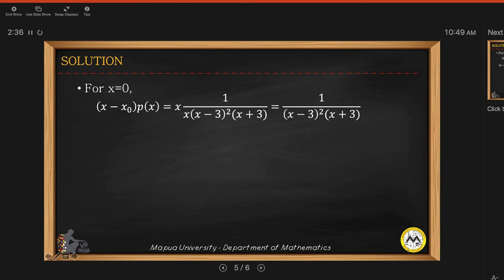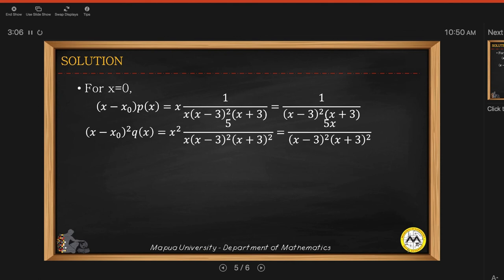Applying this definition, this is your p of x multiplied by x, since x sub o is 0. And then x will cancel out to give you 1 over x minus 3 quantity squared times x plus 3. So the resulting function is defined at x equals 0, so it is analytic at x equals 0.